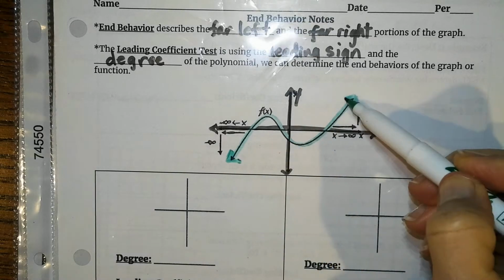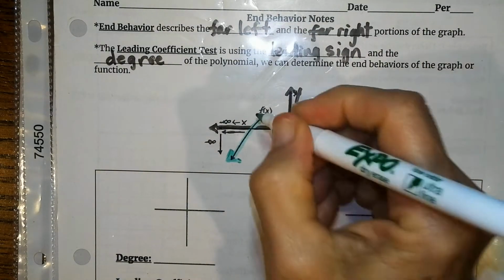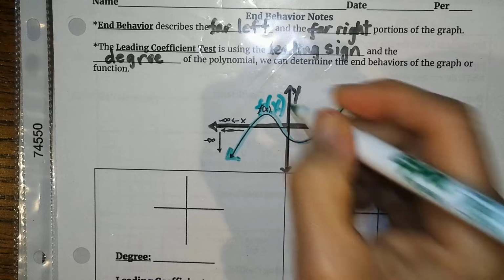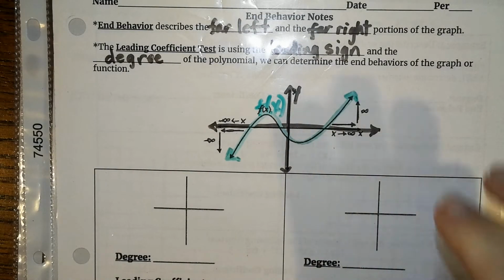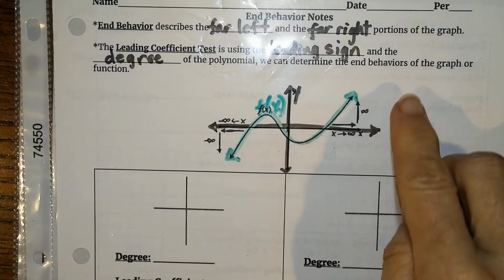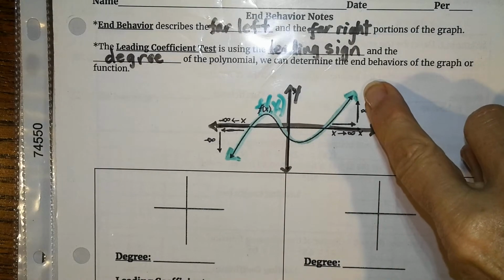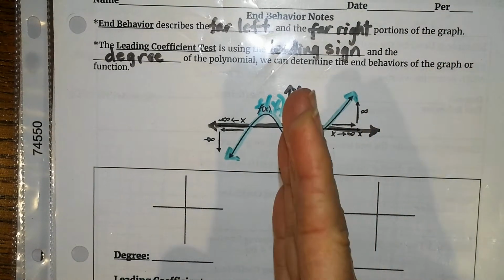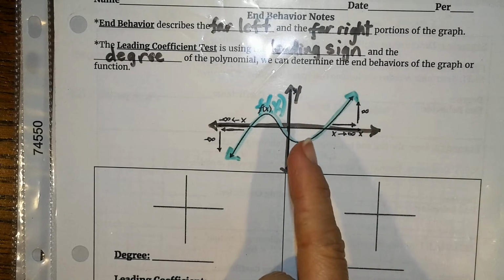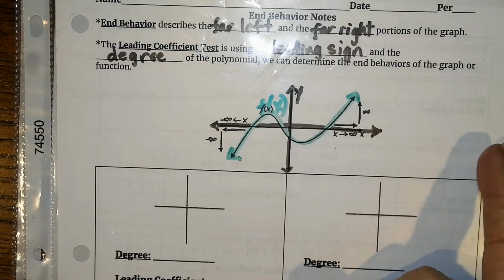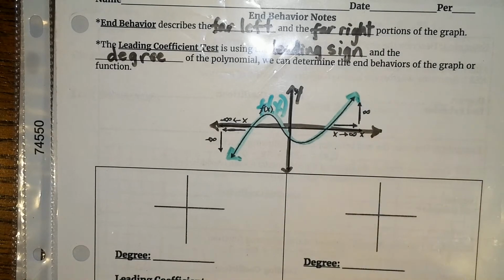Put arrows on the end and label it f of x. So what we're doing is we're looking at where does this arrow go to? As x approaches infinity, meaning as x goes to the far right, where is that y value going on that green arrow?